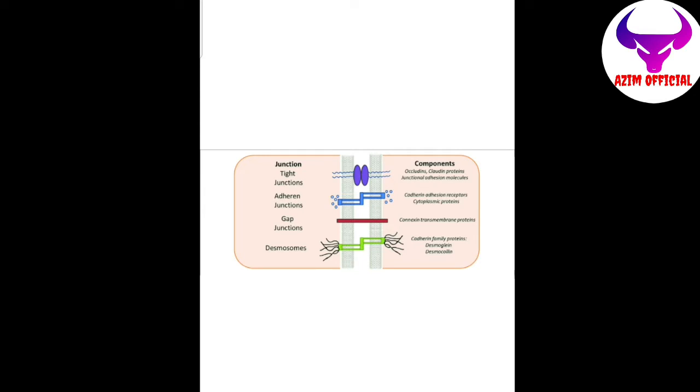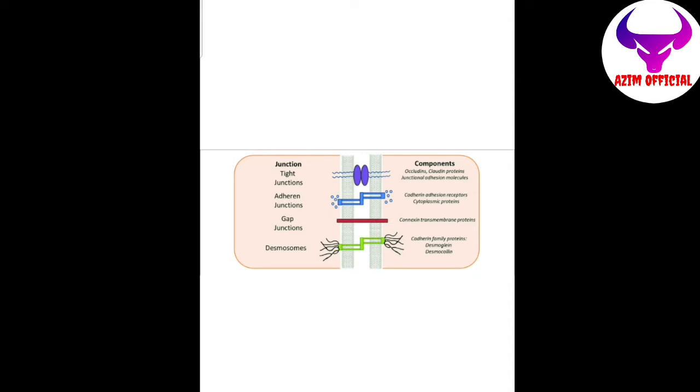Junctions and components: you can see tight junction has components like, as I said, zonula occludens. So there are occludins, claudin proteins, and junctional adhesion molecules. There are adherent junctions, with cadherin adhesion receptors and cytoplasmic proteins.